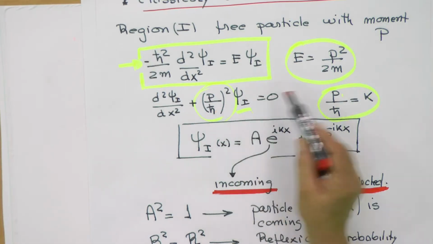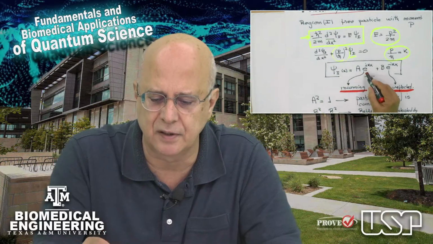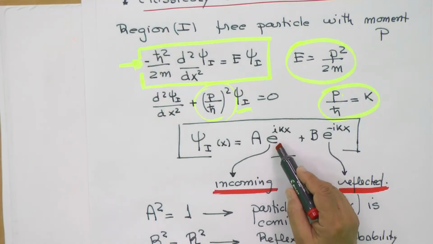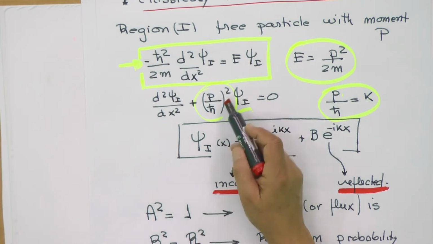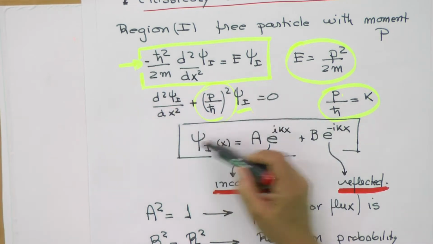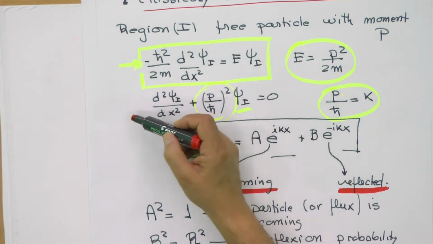So the solution is still a combination of sines and cosines, the plane wave, and a better way to represent this is putting, because I can guarantee to you that exponential of ikx is a solution of this. Just take the second derivative. If you take one derivative, you get ik. If you take another derivative, you get another ik that gives minus.